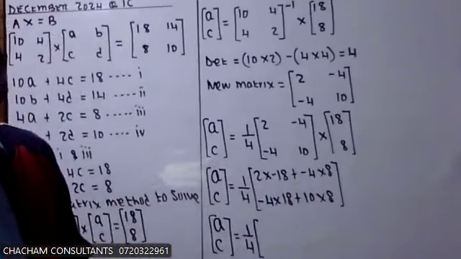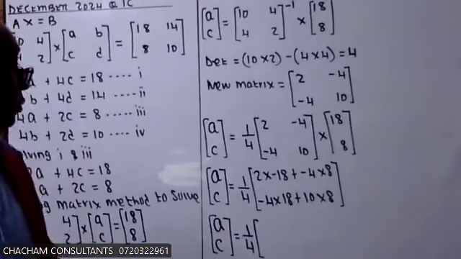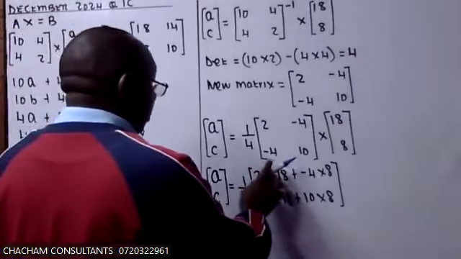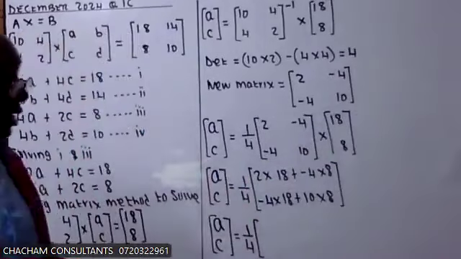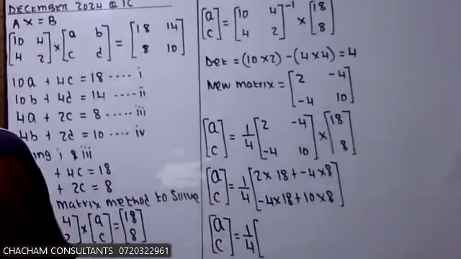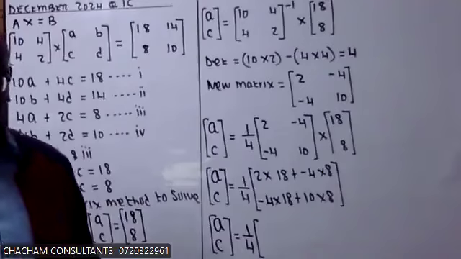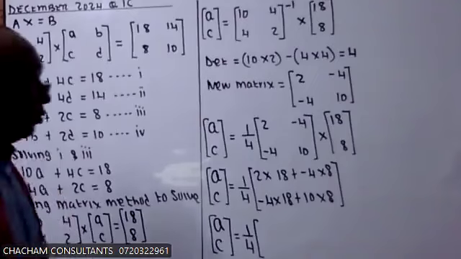2 times -18. Now, where have I gotten -18 from? It's not -18, it's just 18. 2 times 18, not -18. So 2 times 18 plus -4 times 8 is equal to 4.